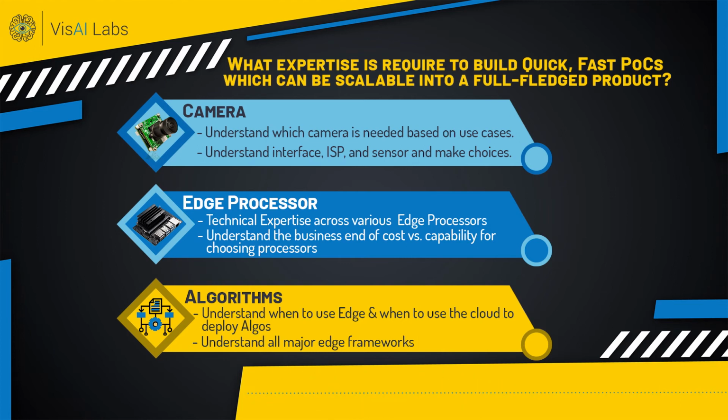And for the success of any proof of concept, when it is connected to AI and edge, I think there are only 3 areas that we need to focus on. One is the camera, because that is the core of your vision system. So you need to understand which camera is the best suit for this use case.